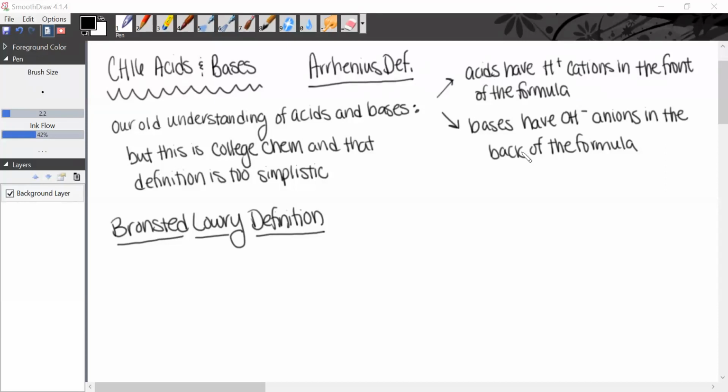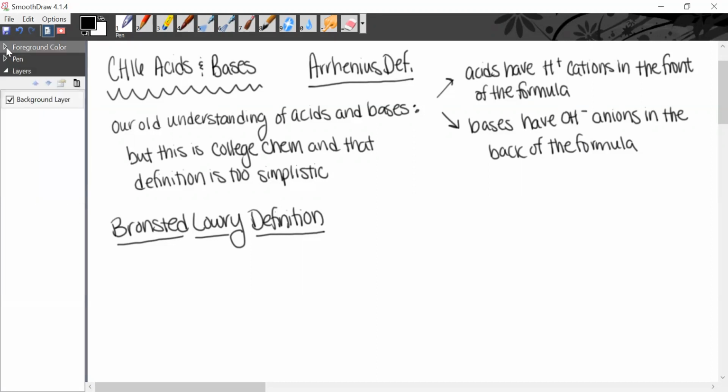And bases like sodium hydroxide, lithium hydroxide, and aluminum hydroxide, they always had this hydroxide anion at the back of the formula. That definition is called the Arrhenius definition of acids and bases, okay?